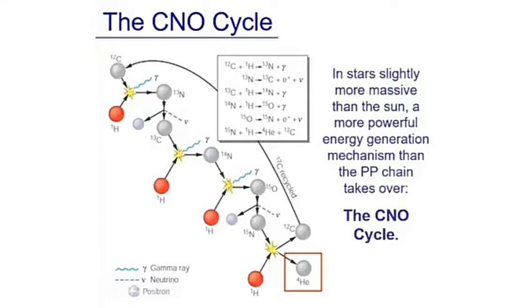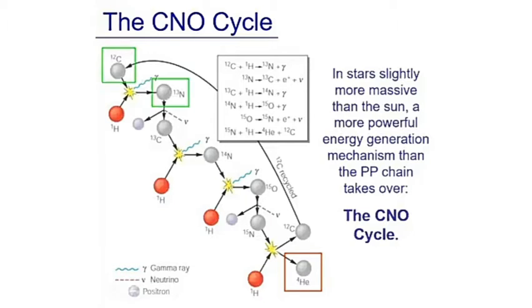So stars have to be slightly more massive and have much higher temperatures for the CNO cycle. Stars more massive than 1.1 solar masses can use the CNO cycle, and the ones less massive have to use the proton-proton cycle.